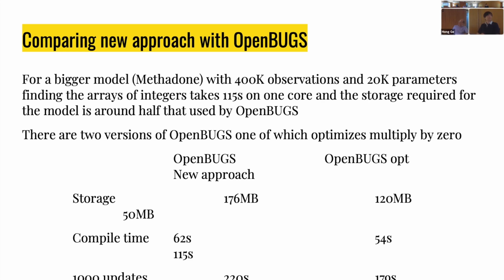The computation to compile the model, so that's generating the source code, compiling the source code, and then calculating conditional structure, choosing all the update algorithms, is a bit worse. For the new approach, it's 115 seconds compared with 62, but all the time is in calculating the conditional structure.